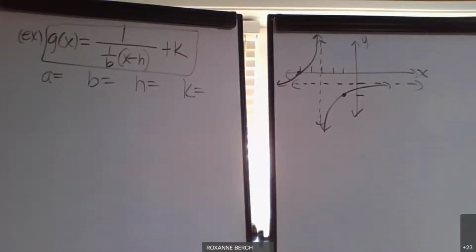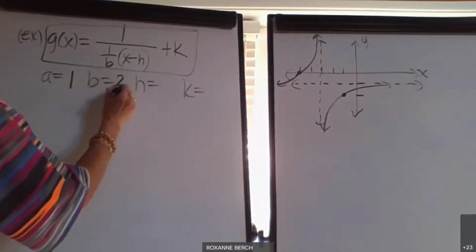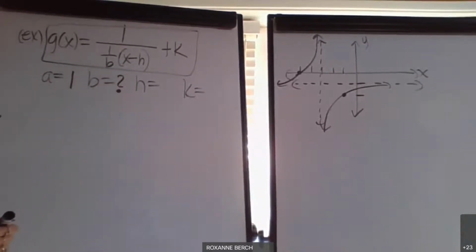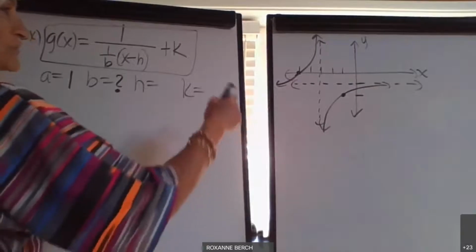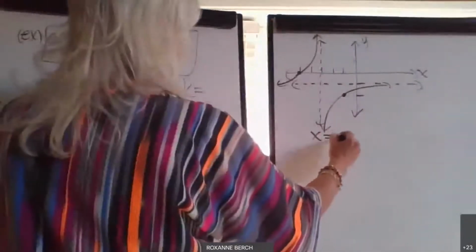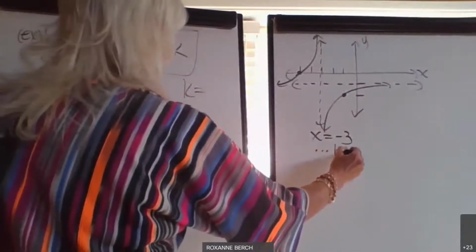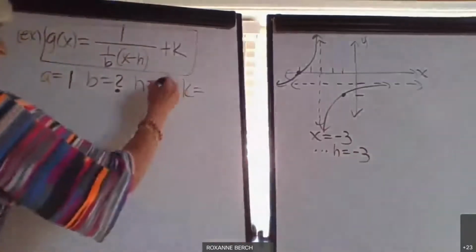Okay, so here we go. So what's A, you guys? 1. What's B? We don't know. Okay, what's H? Well, H corresponds to the vertical asymptote, and the vertical asymptote is x equal to -3, right? So that means that H is equal to -3, correct?